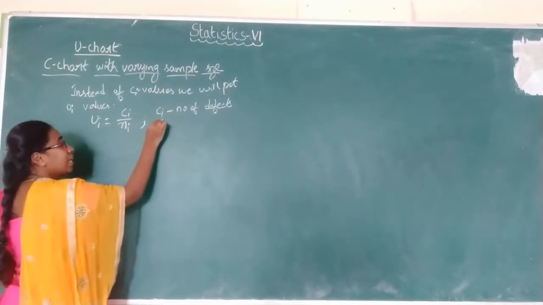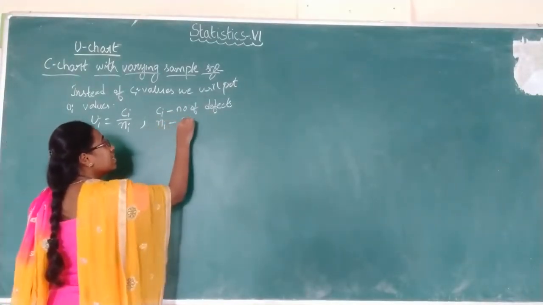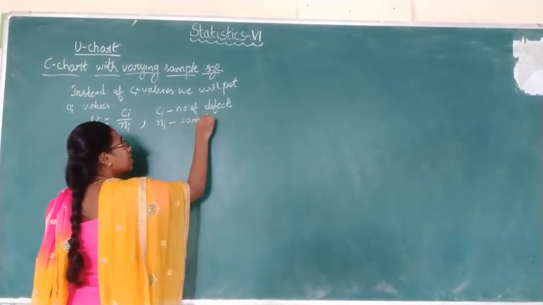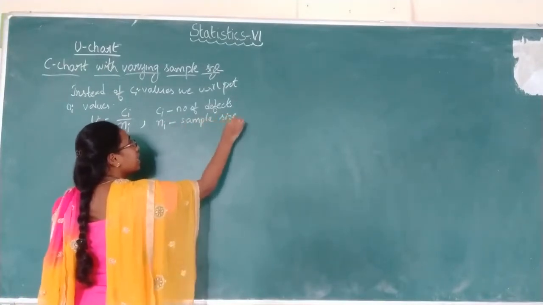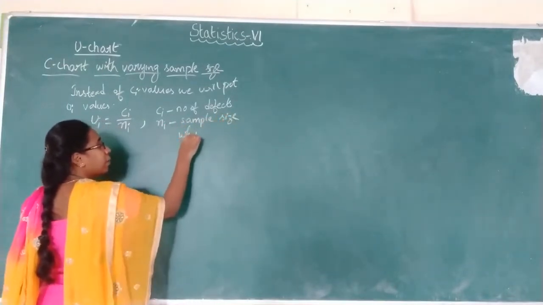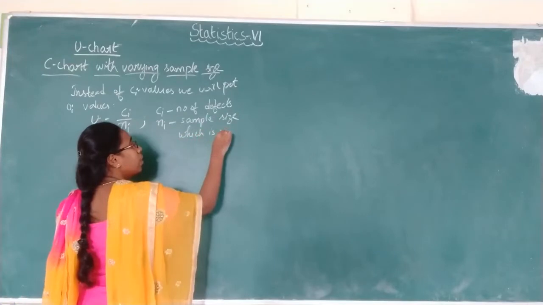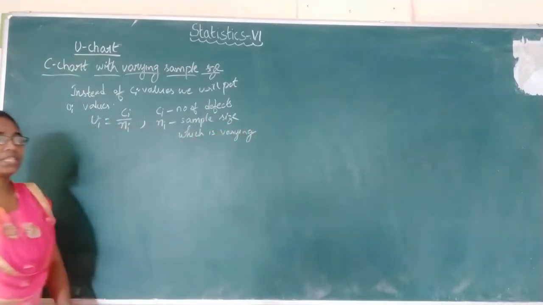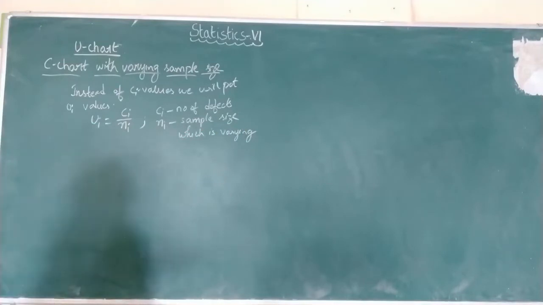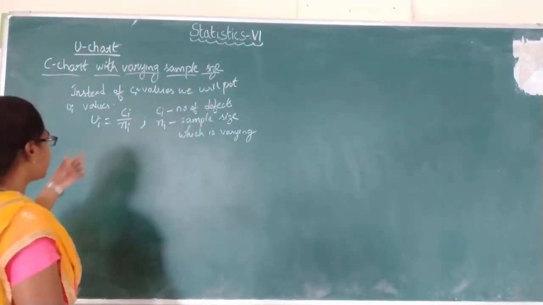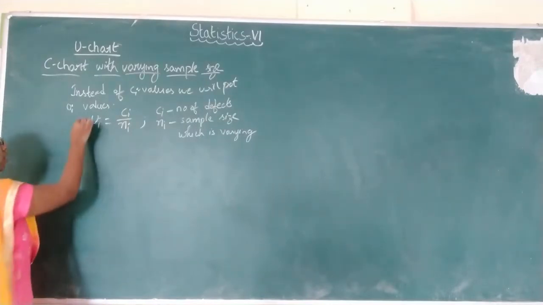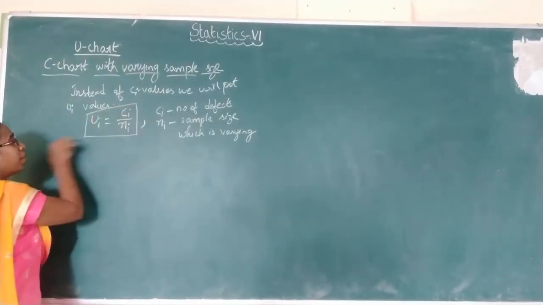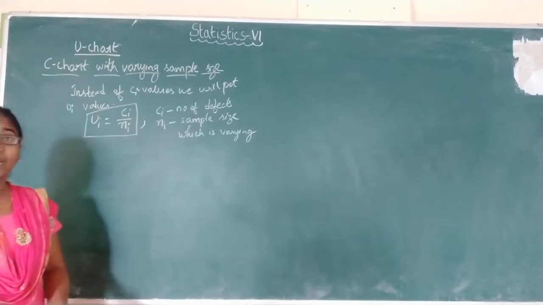Ni is the sample size, which is varying. Here we will not have any constant sample size; the sample size will be different for all the samples. So we will be plotting these Ui values in our U chart, where Ui equals Ci by Ni.